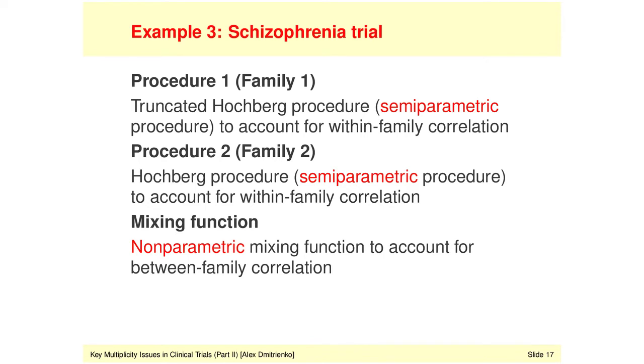And you notice that I said a Hochberg-type procedure. The reason for that is that we cannot use the regular Hochberg procedure in family 1. We must switch to a separable or a generous component procedure, for example, the truncated Hochberg, but in family 2, the regular Hochberg procedure can be safely applied.